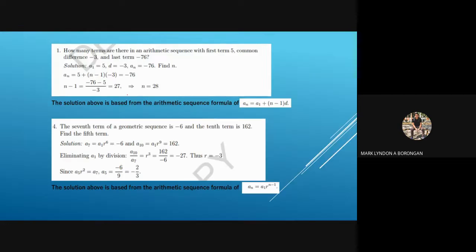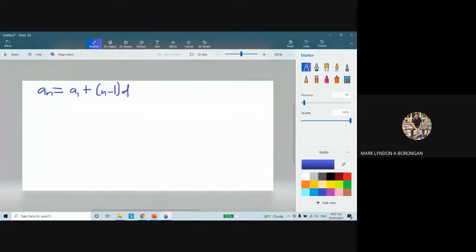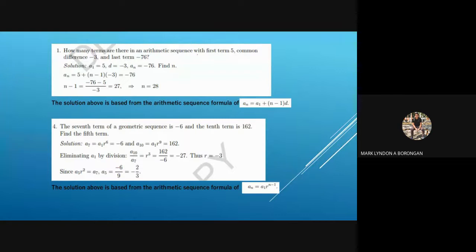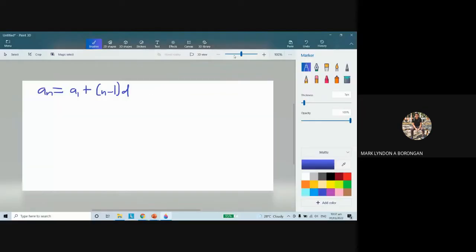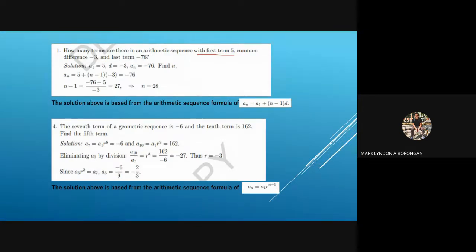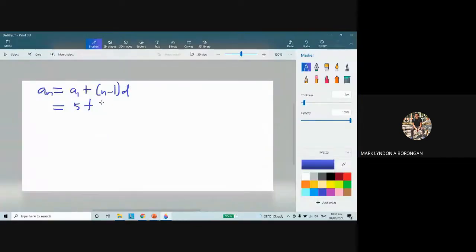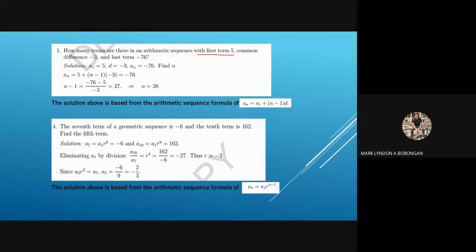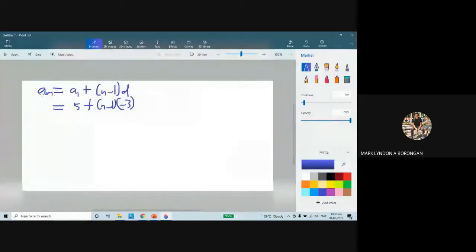Times d, guys. Given our first term, which is a sub 1, so 5, plus our common difference, which is -3. That is d. Common difference is -3. So multiply. And then our last term is -76. Our last term is a sub n, so that is -76.